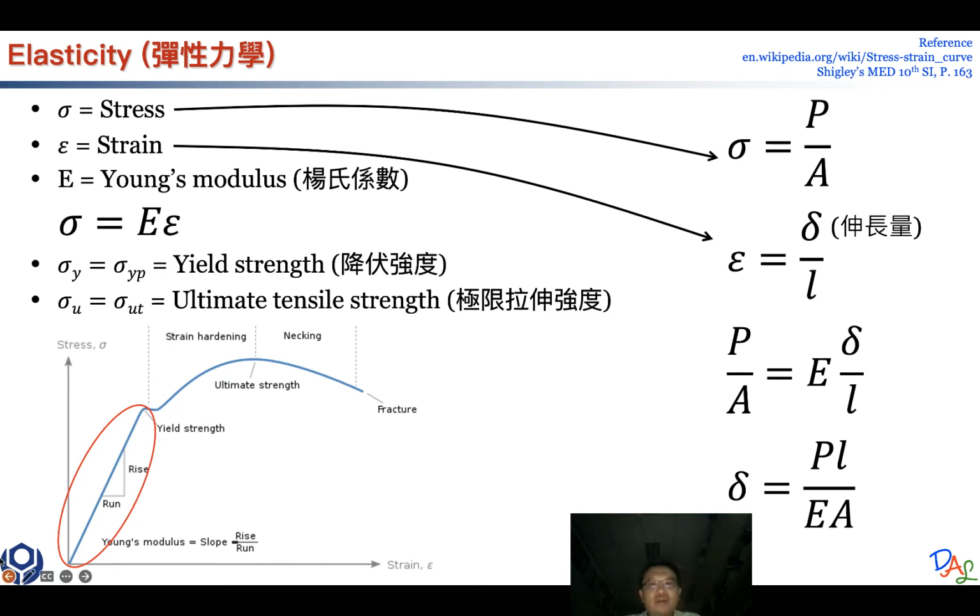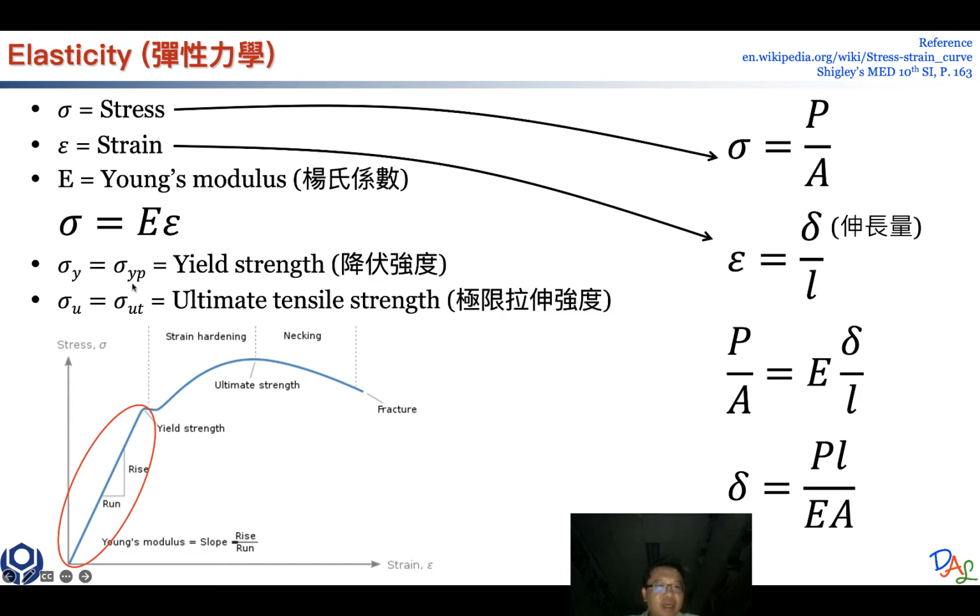Okay, so in this slide, we are talking about applying force along a linear direction. So we are not talking about shearing force yet. Sigma is the stress, epsilon is the strain, capital E is Young's modulus, and due to this linear relationship, the stress equals E times epsilon.